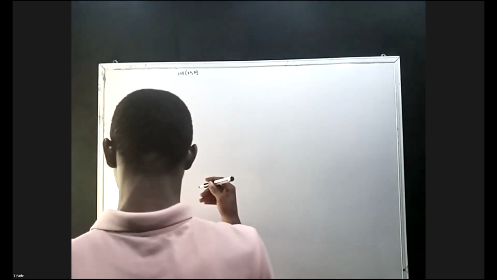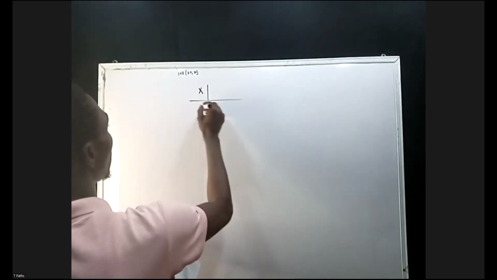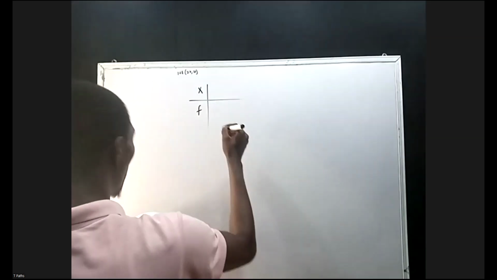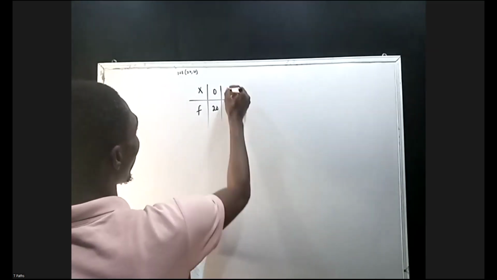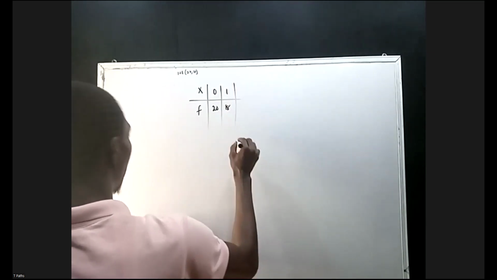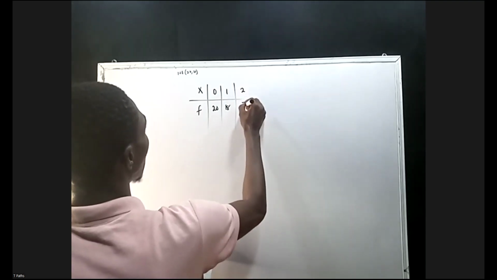Now, for the question, we have a table there. This is how the table should look. We have X, then the frequency. So we have 0, 20. We have 1, 18. We have 2, 7.